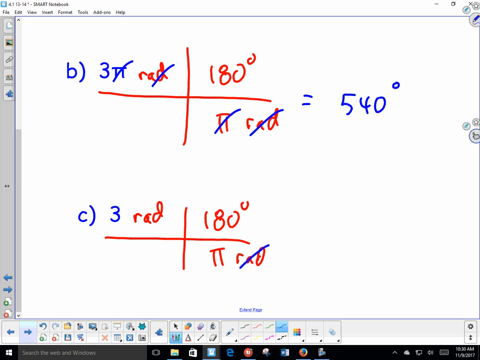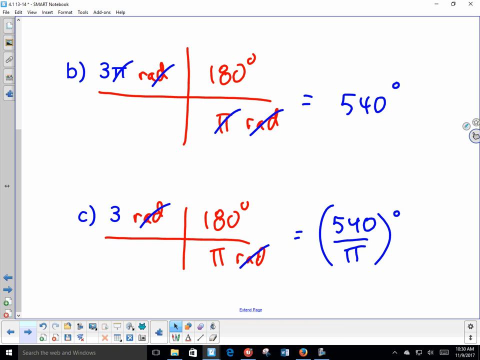So the radian units are dividing out, and we end up with 540 over pi degrees. They didn't want us to use a calculator, so we're not getting a decimal approximation, but we could. If we take 540 divided by 3.14, you would get your approximate number of degrees that's equivalent to 3 radians.